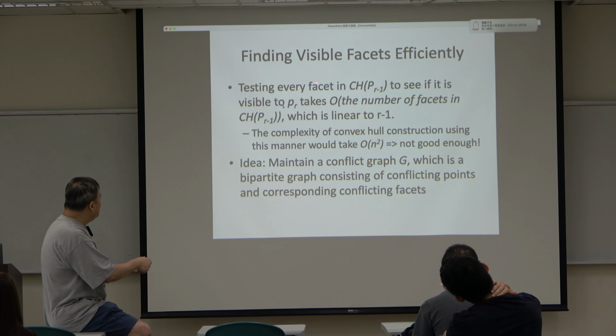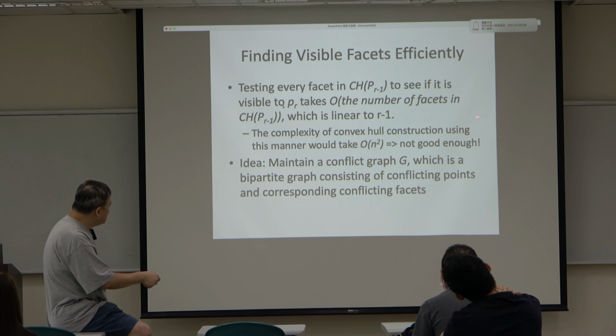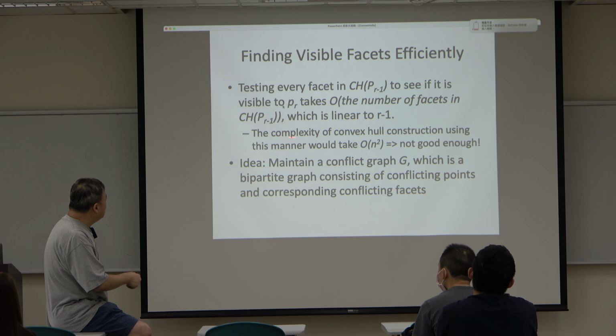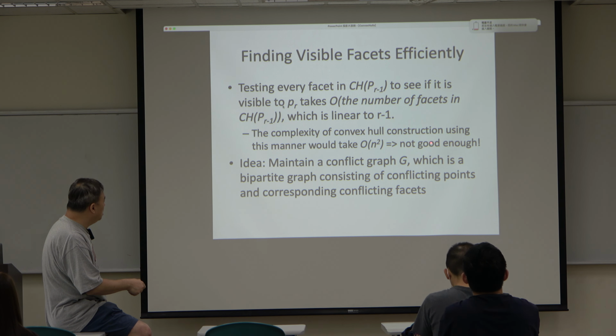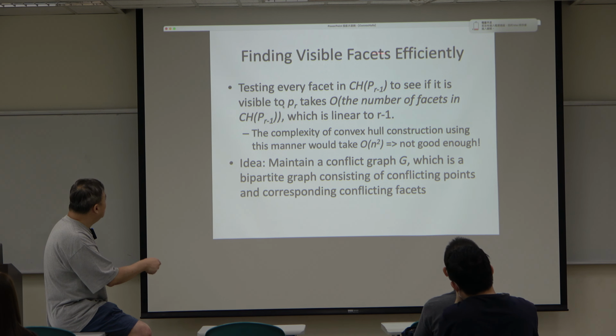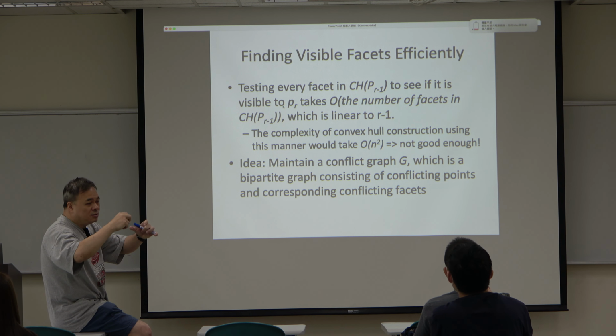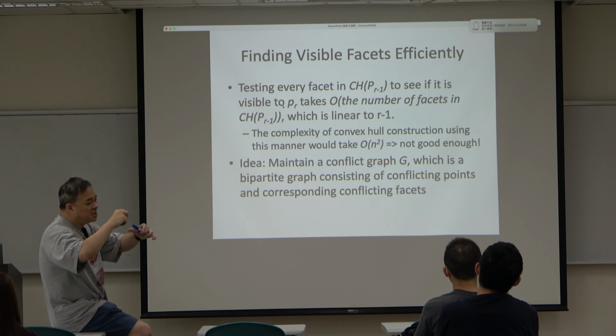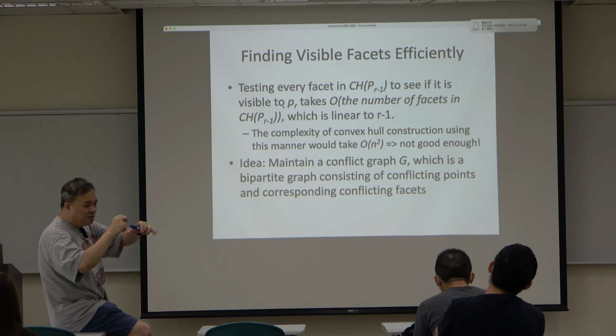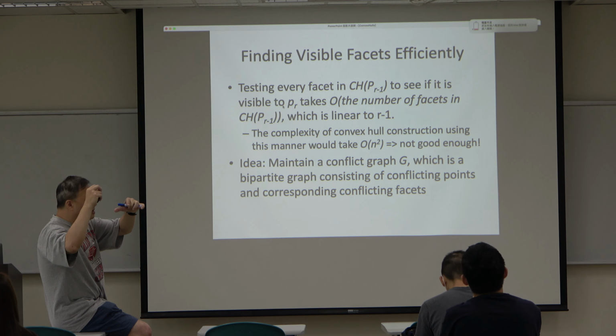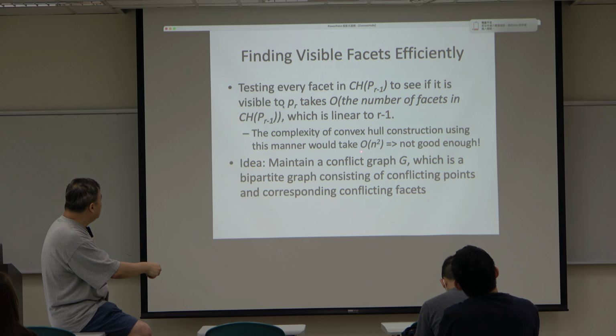So if you do not do anything to optimize that, then the complexity of convex hull construction this way, where we check every facet to see if they are visible from the newly inserted point every time, is going to result in big O n squared.